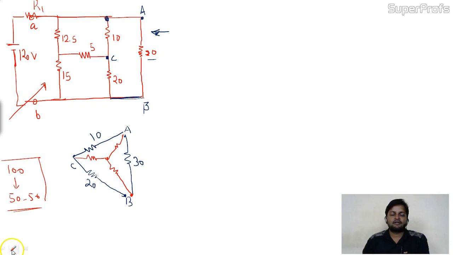So the value of this, suppose this is R1. The value of R1 is 10 into 30 divided by the summation of all, 10, 20 and 30, that is 60. So your result is 5 ohm. This one is 5.